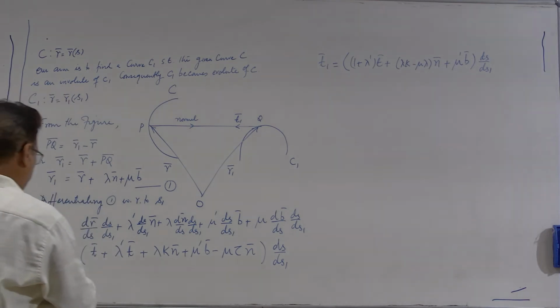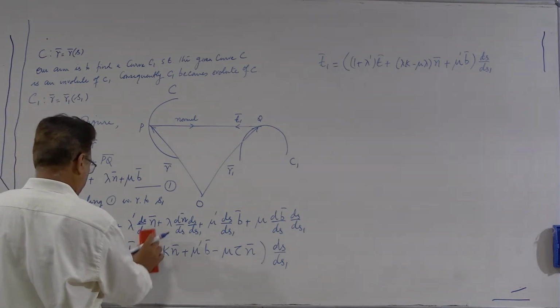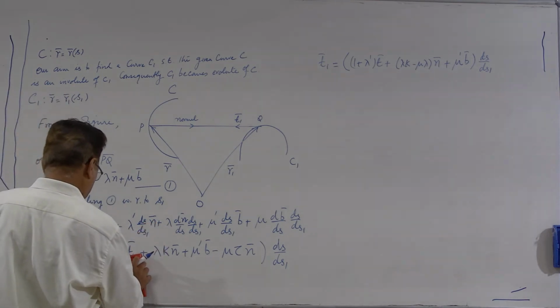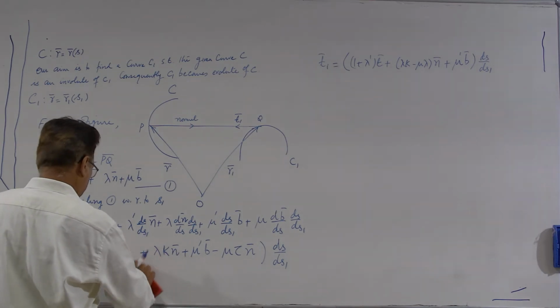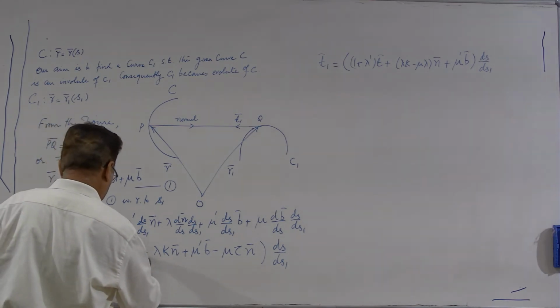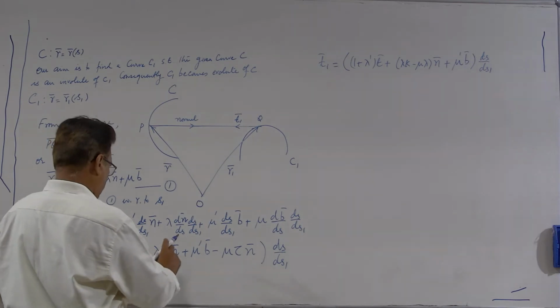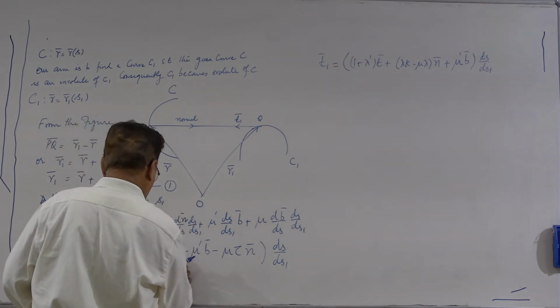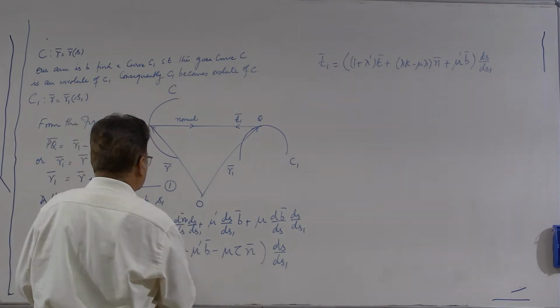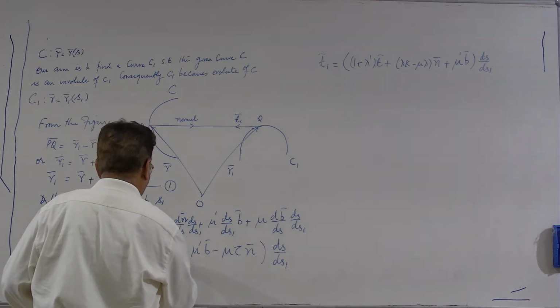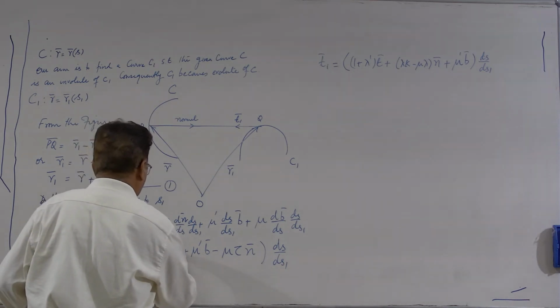So, there will be change: lambda dash into n plus lambda times dn over ds. So, this term will be changed, n dash is tau b minus k t.